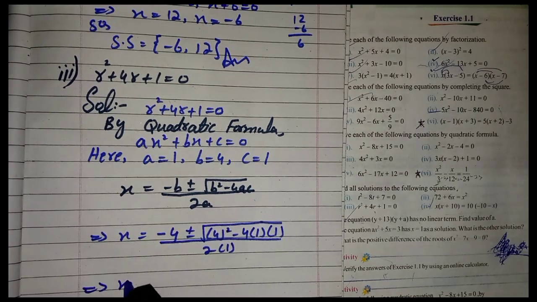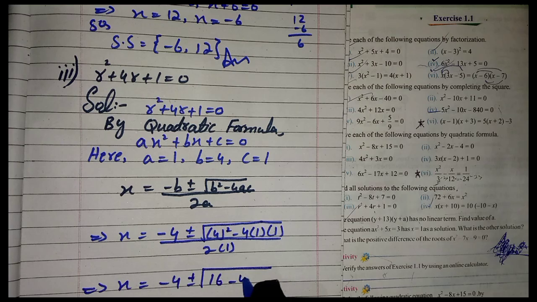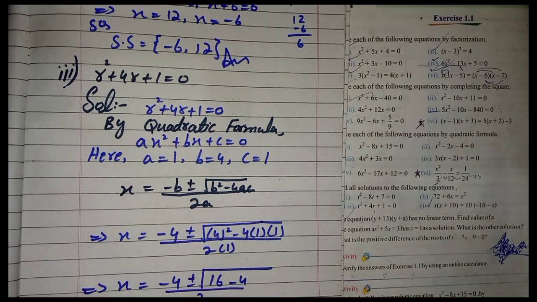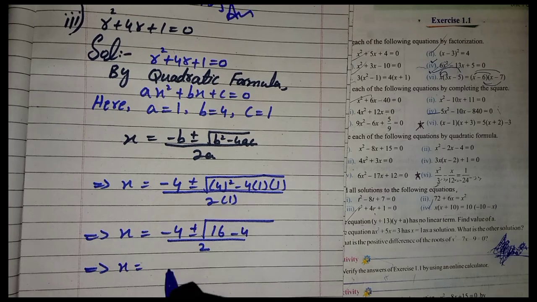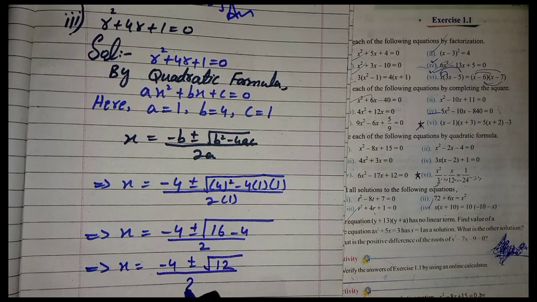This implies that x is equal to minus 4 plus minus square root of 4 fours are 16 minus 4 ones are 4 divided by 2. Minus 4 plus minus square root of 16 minus 4, 12, divided by 2.